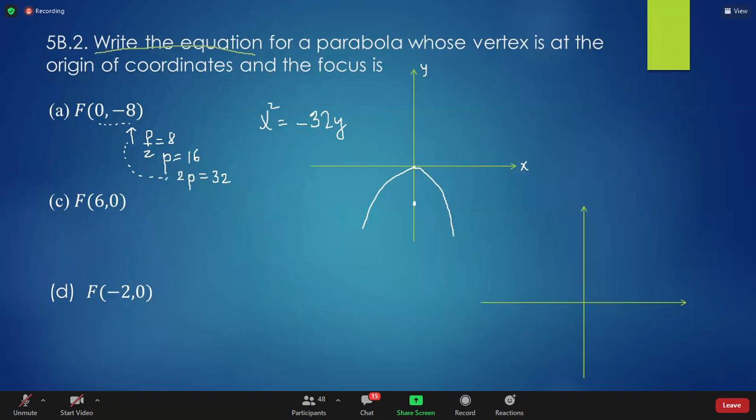So the next one, (6, 0). The focus would be on the positive x-axis. I will use a different color simply for us to be able to tell the difference. For C, the focus will be here.